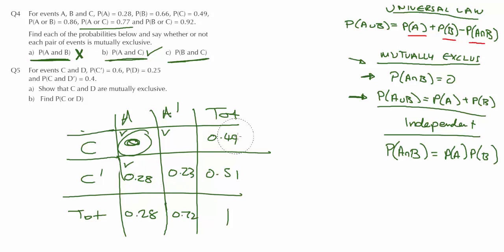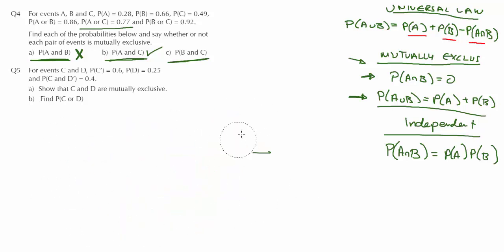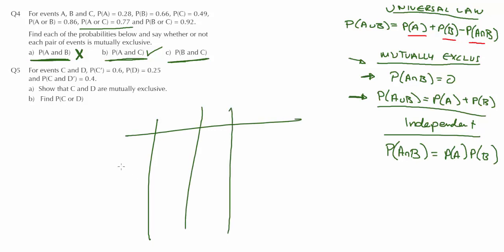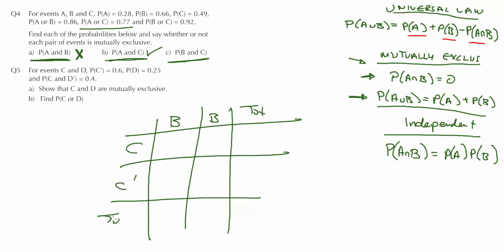I can do something similar for B and C, and you can see it's basically just the same. C is 0.49, 0.51. Remember this is always 1. B is 0.66, 0.34.